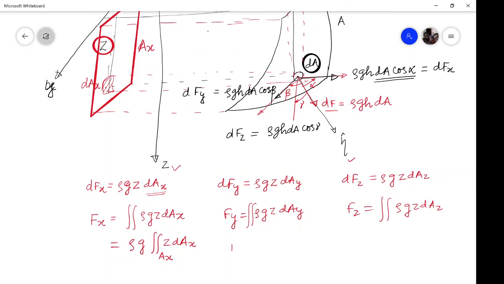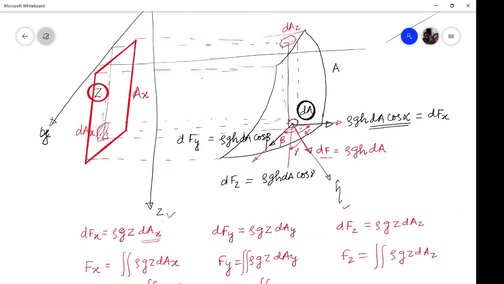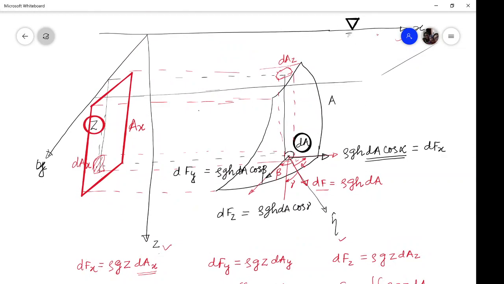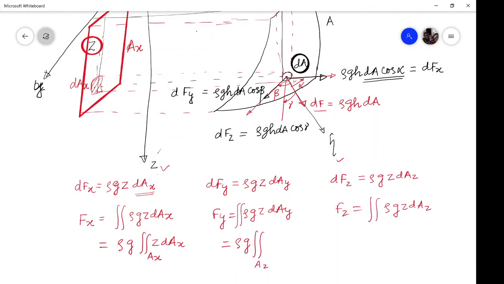Likewise, this also equals rho g times the integral over the projection of this area onto the xz plane, of z dAy.